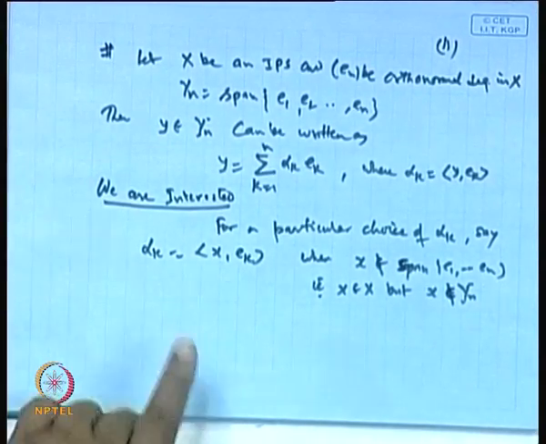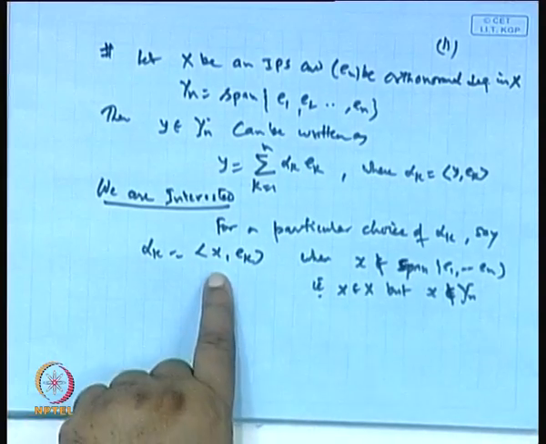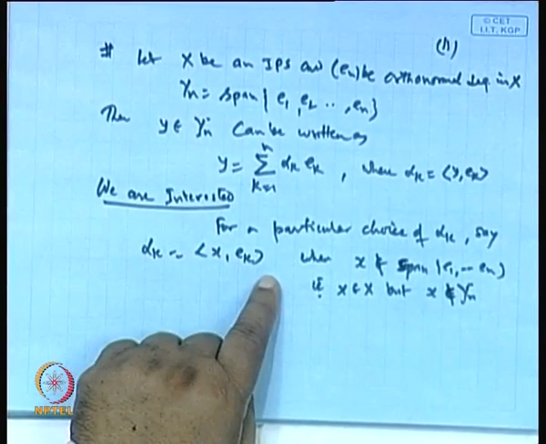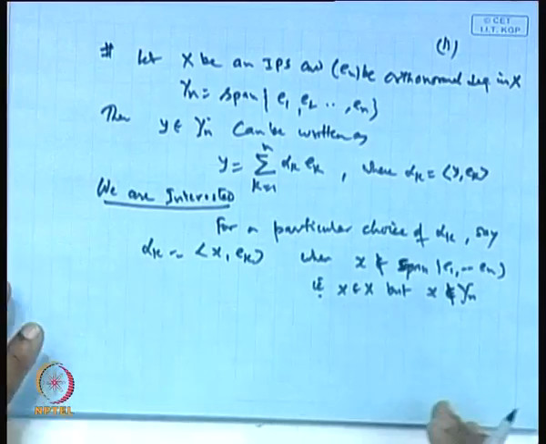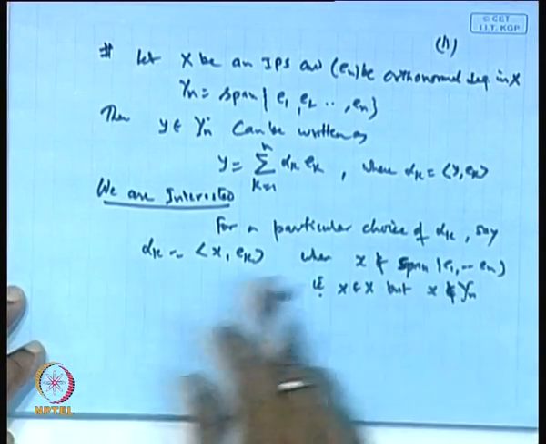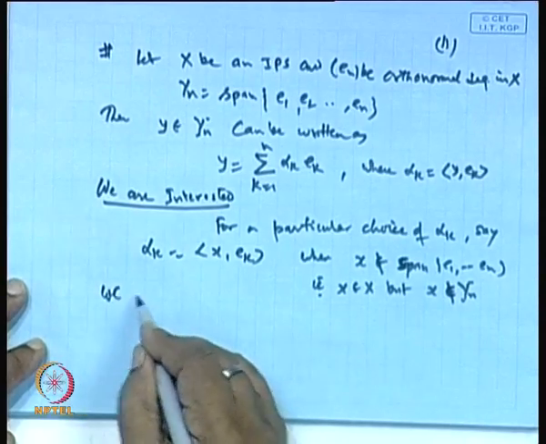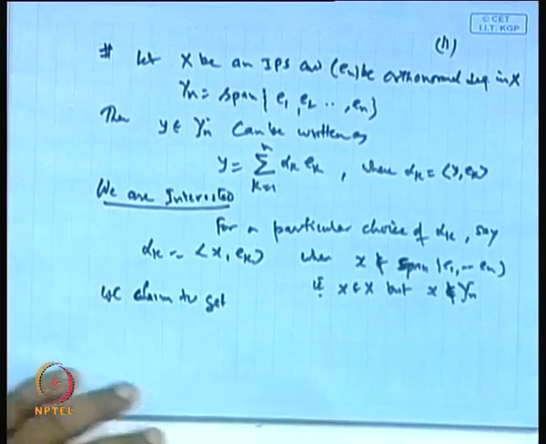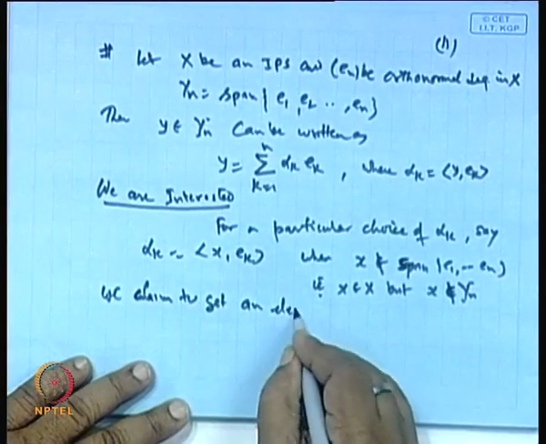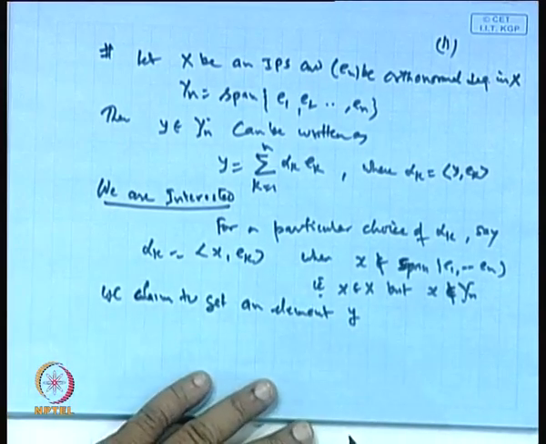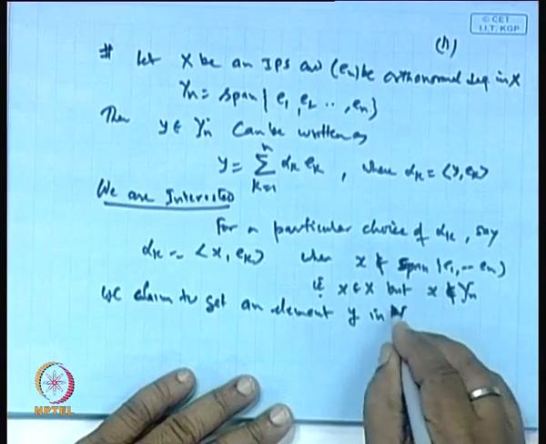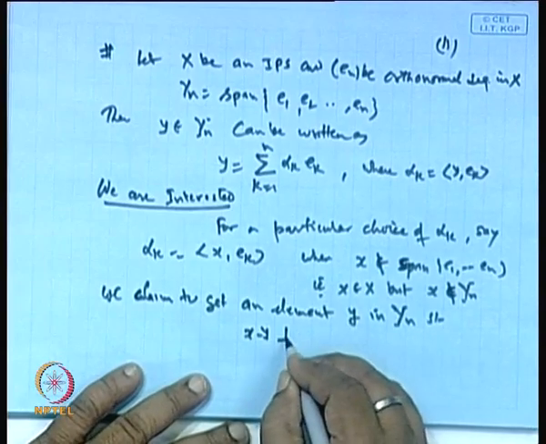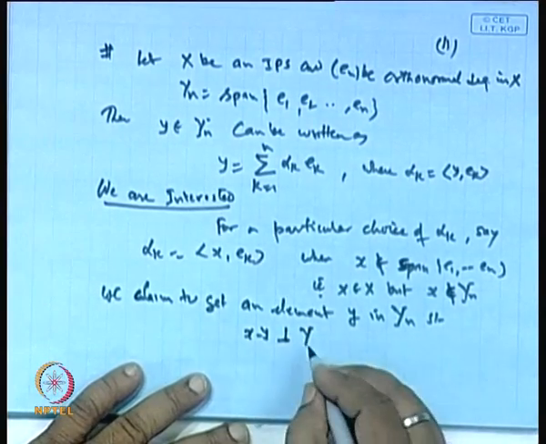Is it clear? So, if I replace this alpha_k by another constant depending on x, the inner product of x and e_k, then for a particular choice of this alpha_k, we claim to get an element y in Y_n such that x minus y will be orthogonal to Y_n.